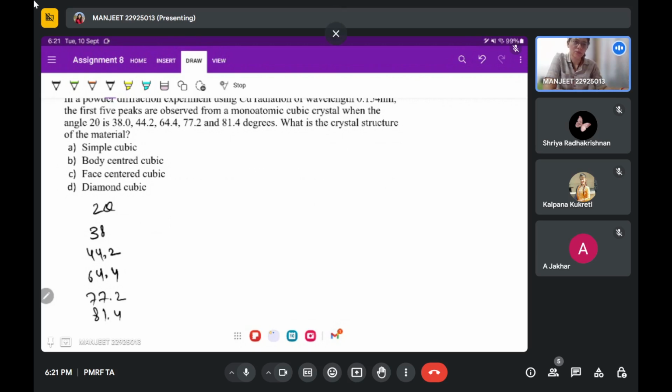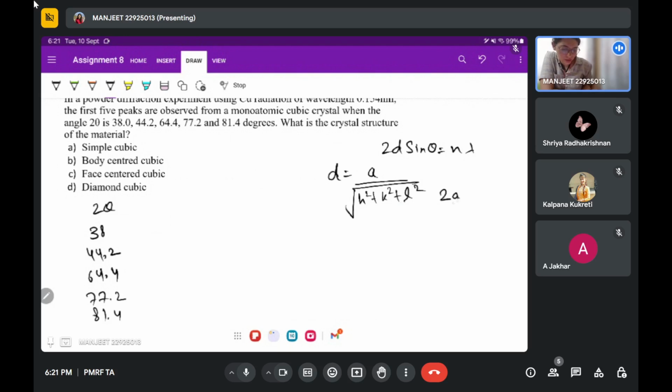For the cubic structure we know that 2d sine theta is equal to n lambda, and d is equal to a divided by the square root of h square plus k square plus l square.